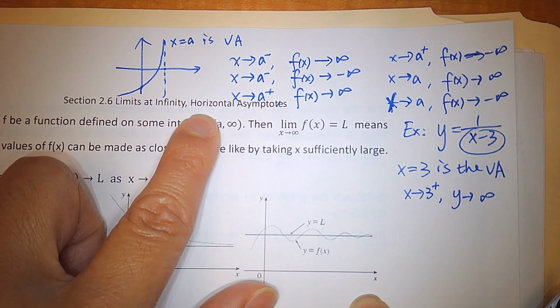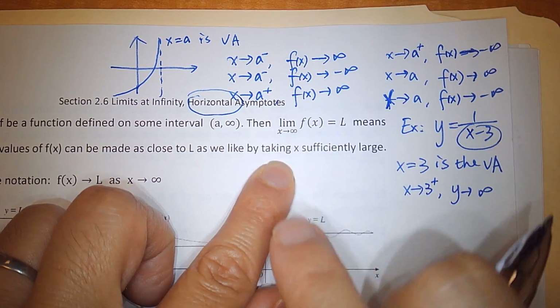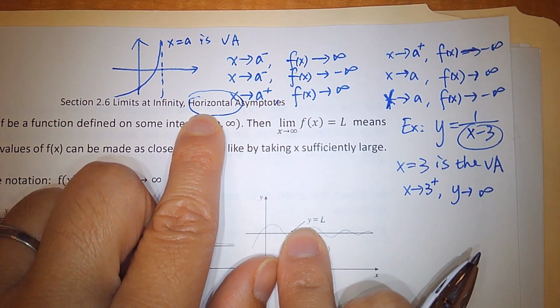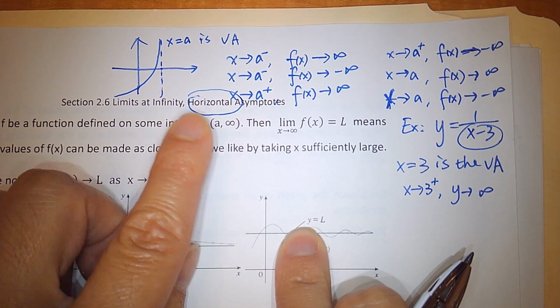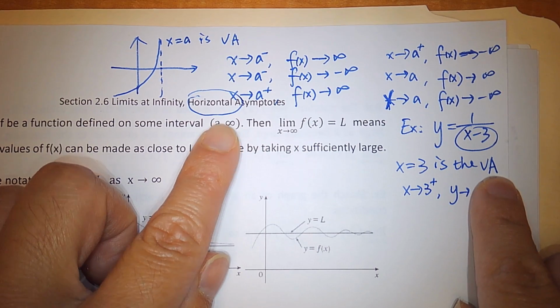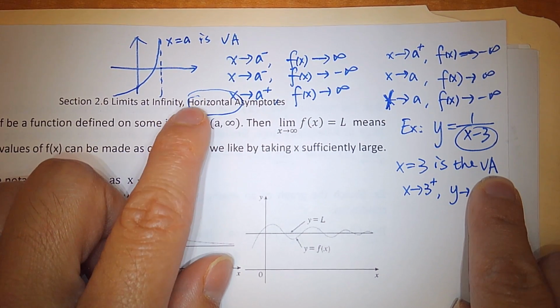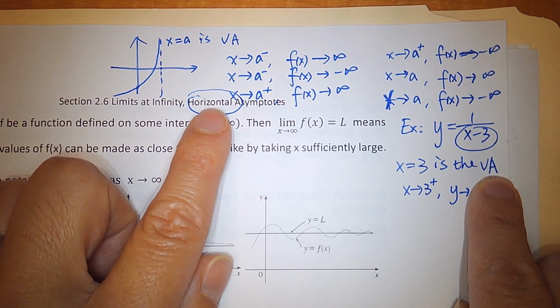Now in today's class, we're going to do horizontal asymptotes. After today, when we learn section 2.6, you should be able to find both vertical asymptotes and horizontal asymptotes. The main thing for us is to find horizontal asymptotes.